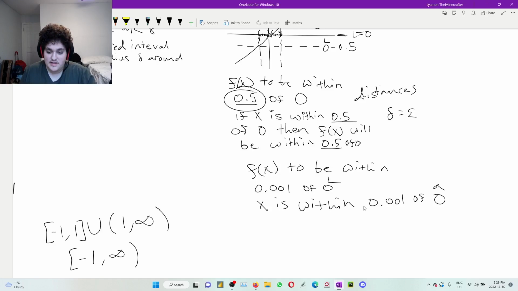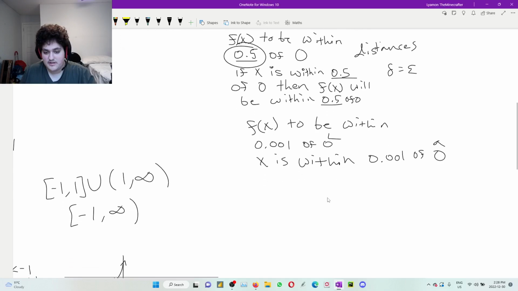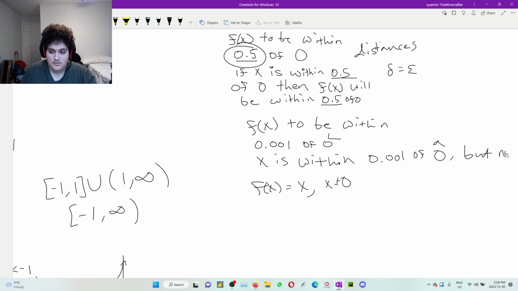And we can see here that this is going to work because f of x is equal to x, right? That's our original function, when x does not equal 0. So we're saying x has to be within 0.001 of 0, but not 0, right? So f of x equals x when x is not 0.